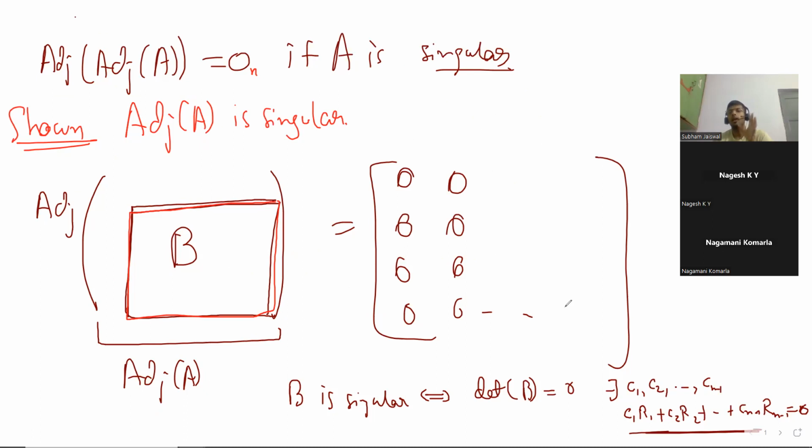Okay, which means that the rank is n minus 2. Okay, which means that the rank is, correct, yeah, which means that the rank is n minus.